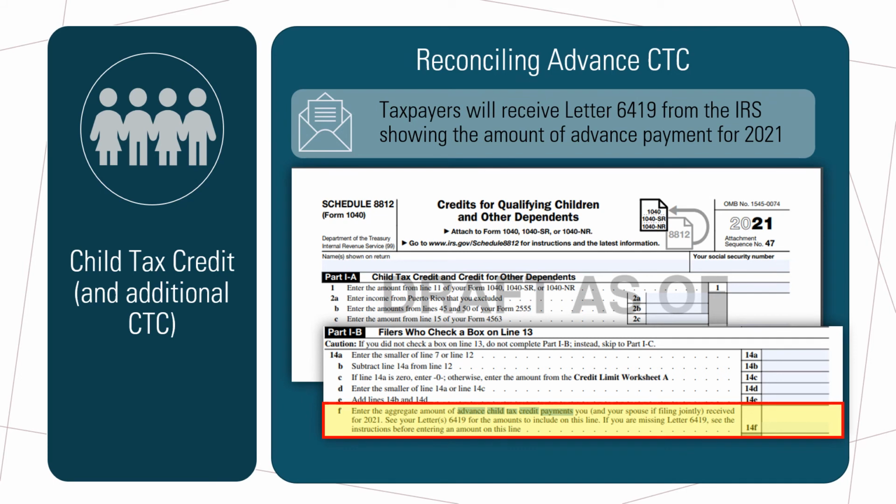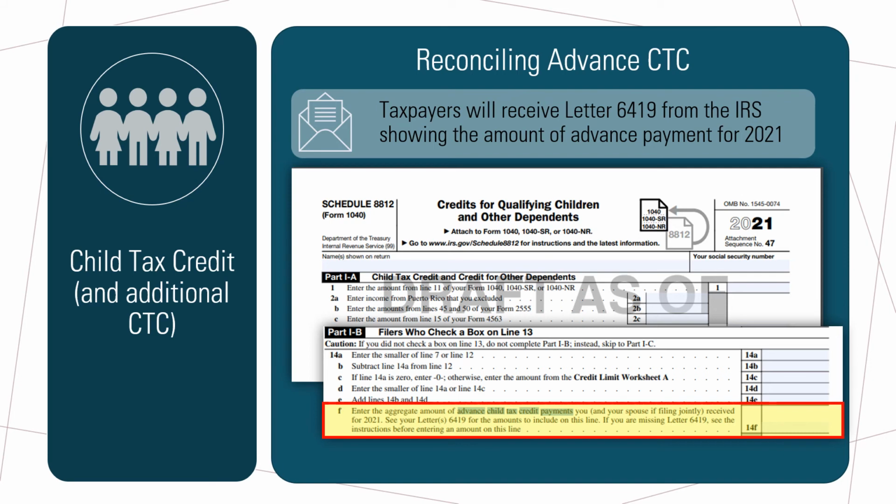So with taxpayers receiving 50% of this credit throughout 2021, so long as they didn't opt out, there's a little different process than there was in previous years. Instead of just claiming the credit on the return, there's now a reconciliation process to make sure that they received the correct amount.